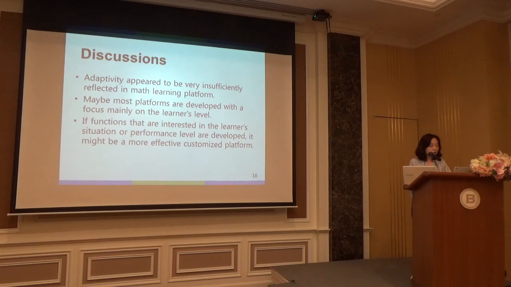Our explanation could be that these platforms were developed with a focus not necessarily on teachers' point of view, or mainly on the students' level. So if functions that are interested in learners' situation or performance level are developed, it might make for more effective, customized platforms.